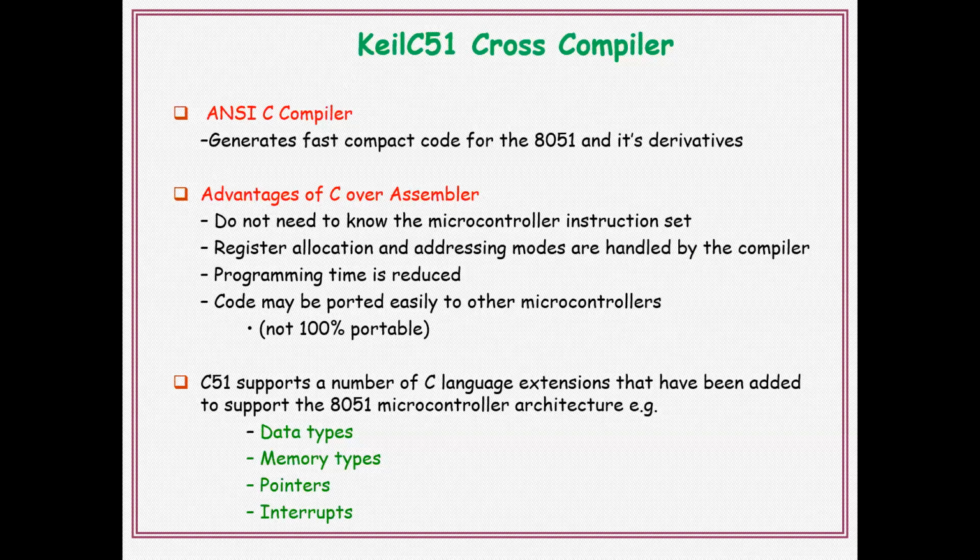Register allocation and addressing modes are handled by the compiler. Programming time is reduced. Code may be ported easily to other microcontrollers. It's not 100% portable, but almost all, 80 to 90%, is portable.